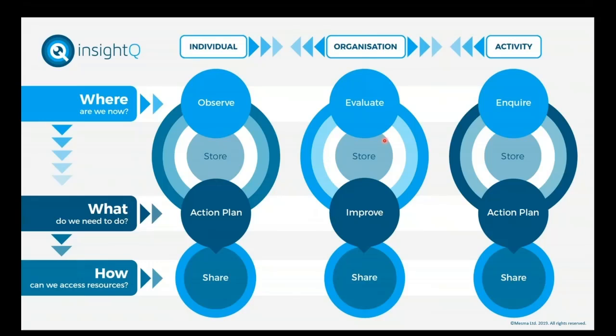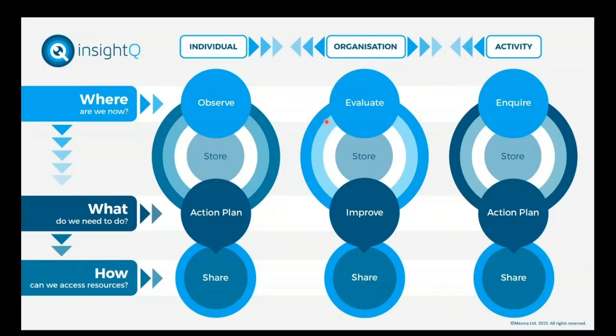At a department level or an organisational level, Evaluate prompts you and your colleagues who contribute to the self-assessment process to take a reflective step back and ask questions against the standard that you're working towards. So based upon your chosen framework, which could be Ofsted, Estyn, Education Scotland, your own internal standard, it prompts you to ask deeper questions. So how good are we at various levels against the standard we're working towards? How do we know how good we are?